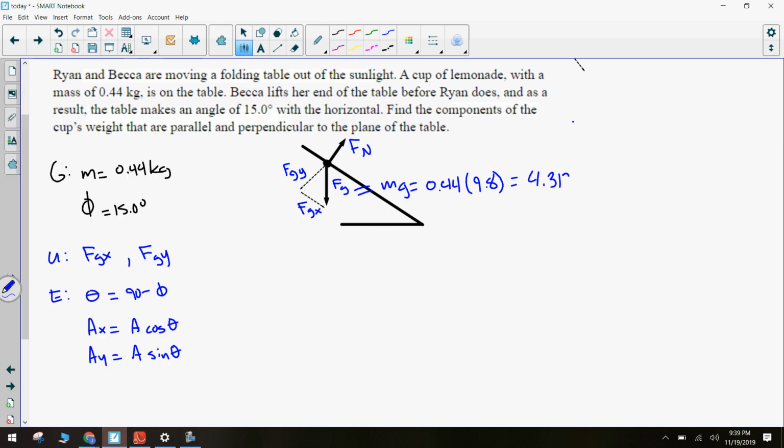Alright, so now I can figure out over here my FGX is equal to 4.312 cosine. Oh, maybe I should do this first. Theta is equal to 90 minus 15 equals 75. So now that's 75 degrees. FGY is equal to 4.312 sine 75.